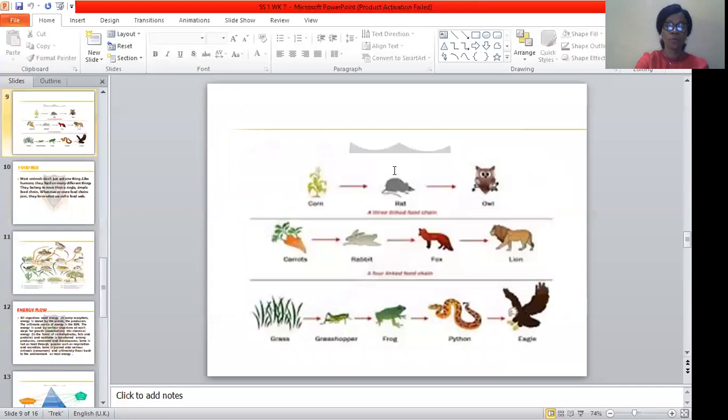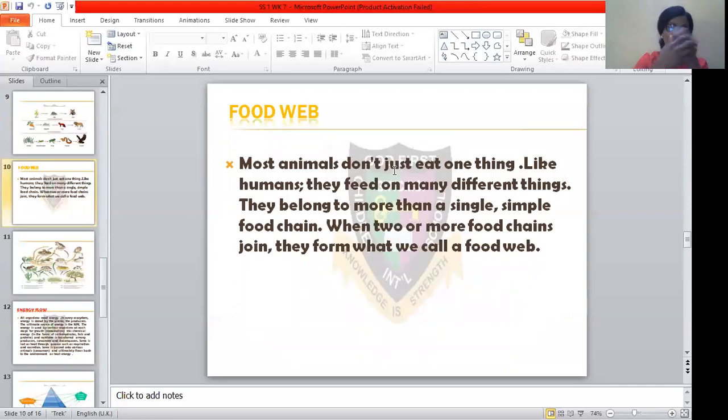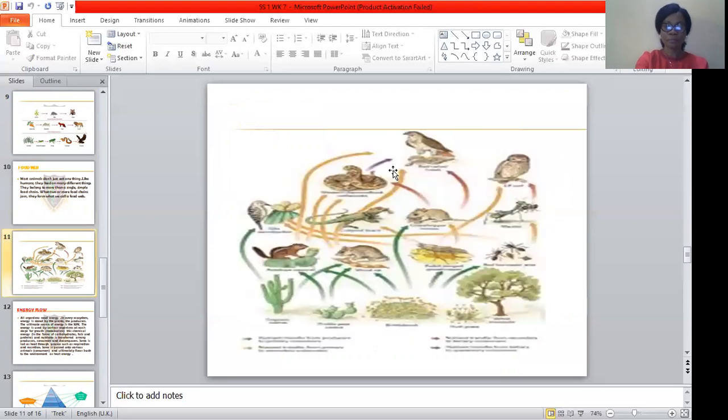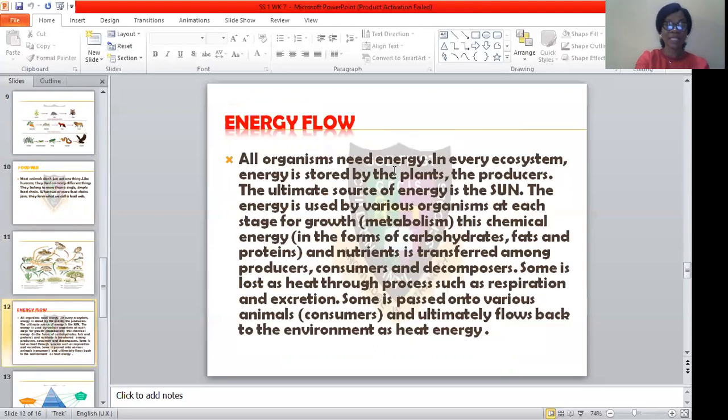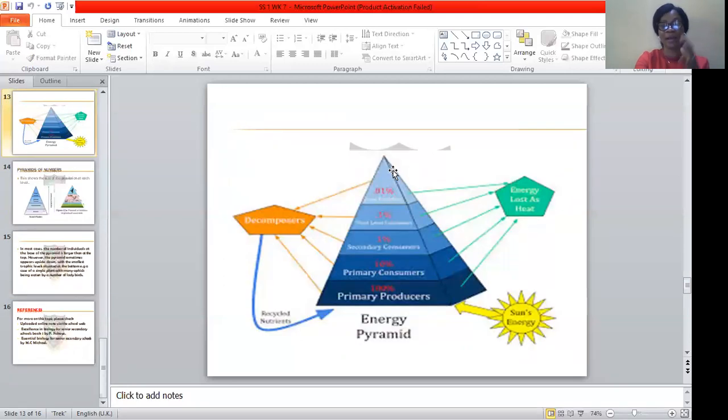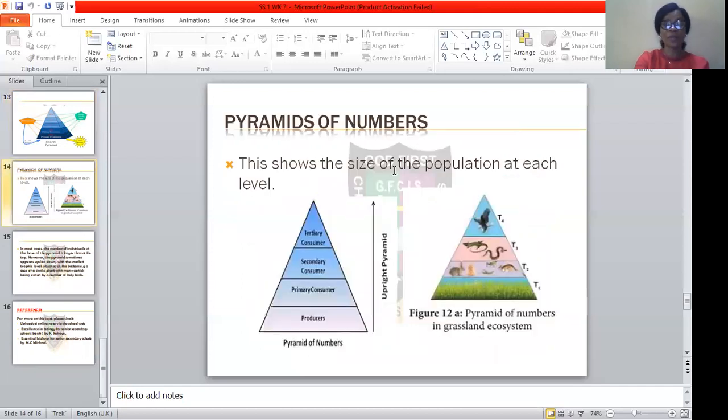Thereafter, we moved to food web, which is the combination of different food chains. And also we talked about energy flow, that is how energy is transferred from one organism to another in an ecosystem. And remember, I told you the chief source of light on Earth is the sun. And we also talked about pyramid of numbers, which shows the size of population at each level.